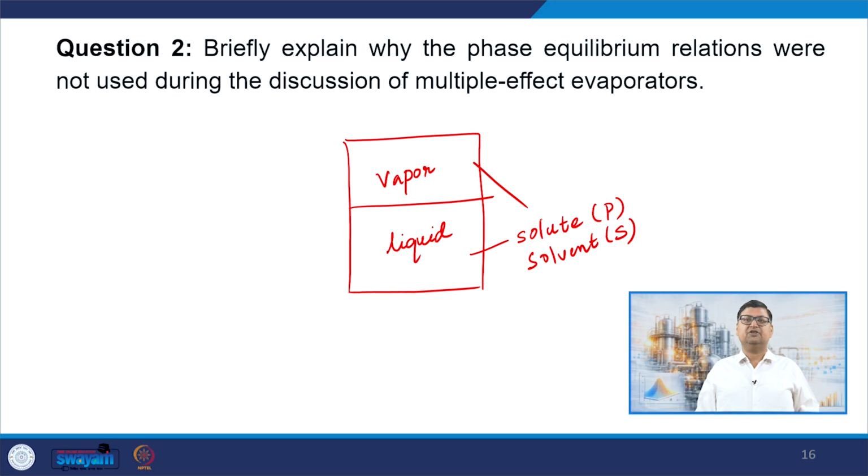Therefore, if I assume some sort of phase equilibrium, I should have chemical potential equalities like mu P of the solute in the vapor is equal to mu P of the solute in the liquid, and similarly for the solvent.